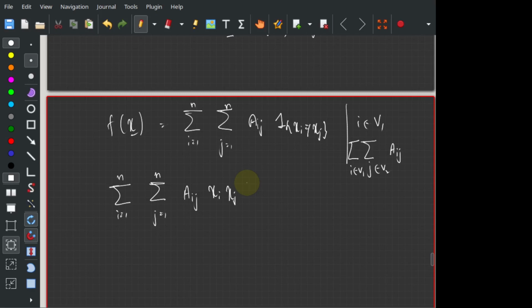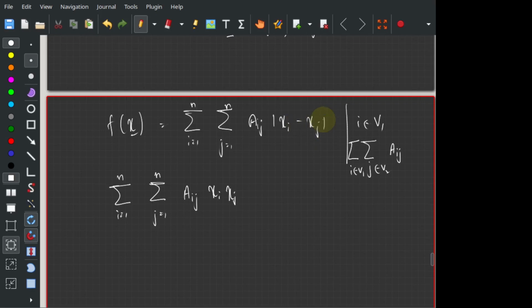So instead, could we write mod of xi minus xj? If i and j are on the same side, that would be 0. That would be just a maximization, correct. So that's certainly a valid way to do this. You can certainly say that this is Aij times mod of xi minus xj.